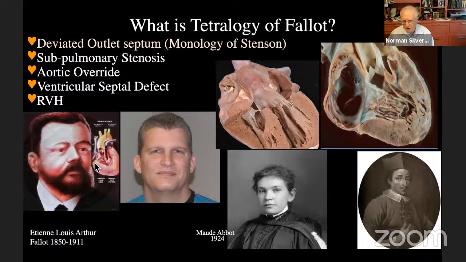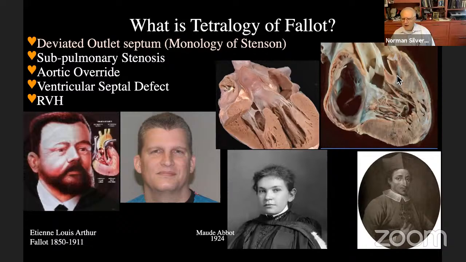And who is this gentleman? Well, this is Niels Stensen, a Catholic prelate from Germany, who was also a geologist and a scientist, and who was presented with a heart like this in an aborted fetus and said there's only one abnormality, and that's this deviated outlet septum, which is the fundamental of tetralogy of Fallot.